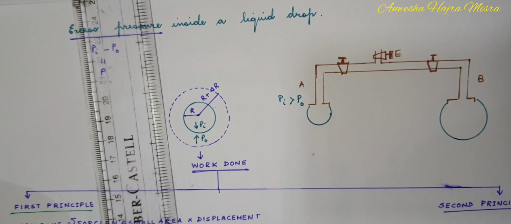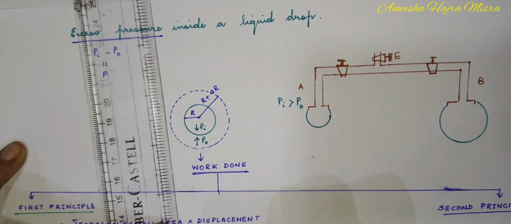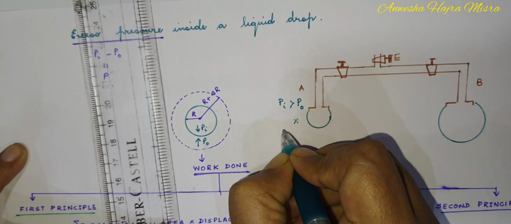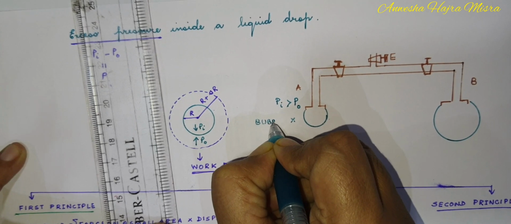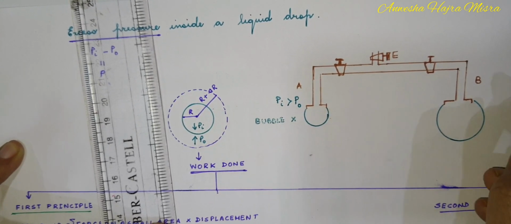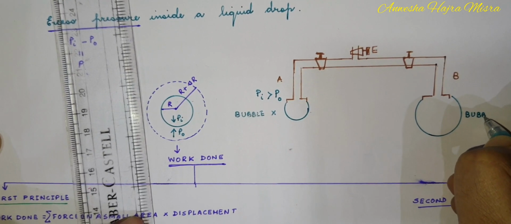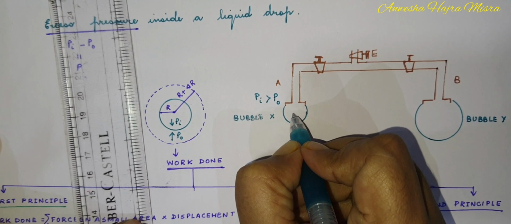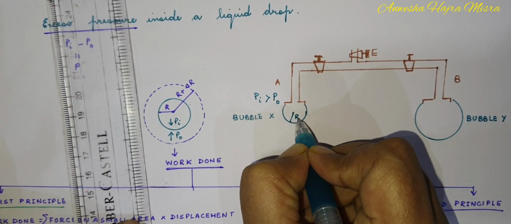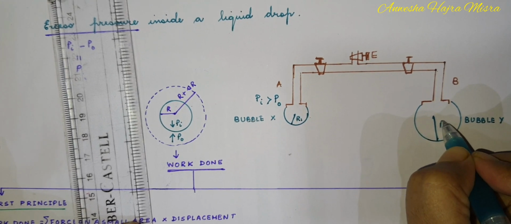They are two bubbles, bubble X and bubble Y. This one has radius R1, this one has radius R2.